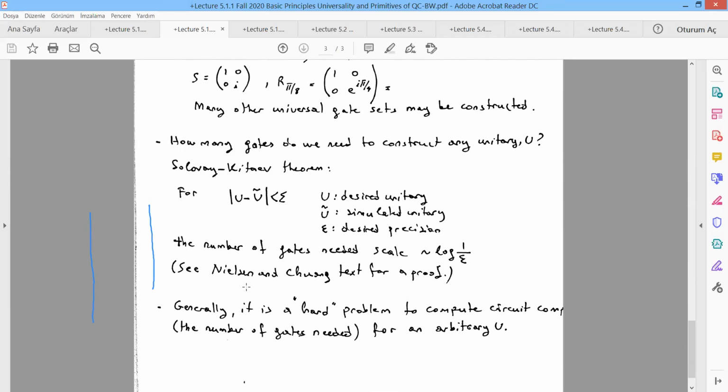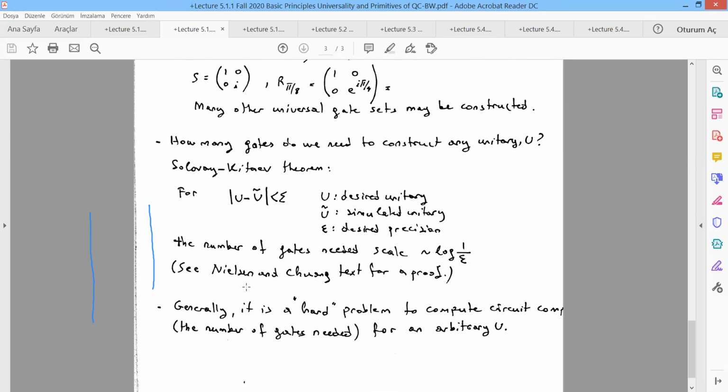Another fundamental question one might ask is, in general, is there an estimate on the number of gates that we need to use to construct a unitary operator U? The Solovay-Kitaev theorem answers this question.